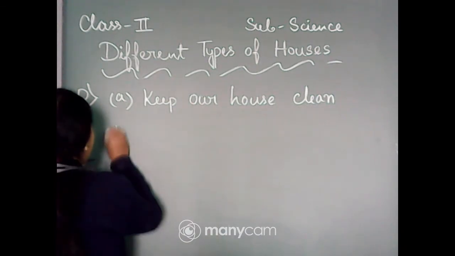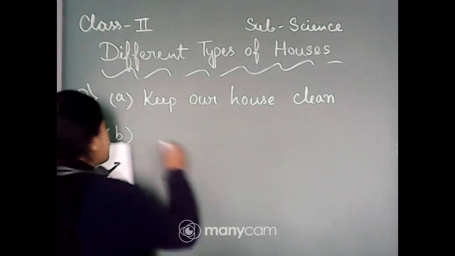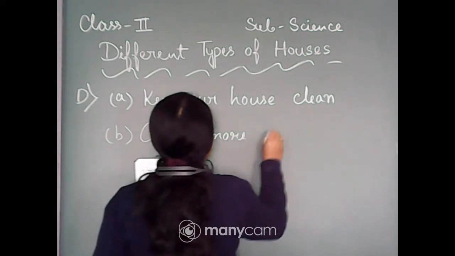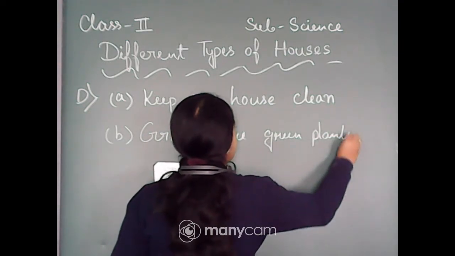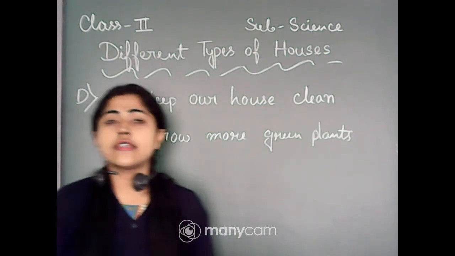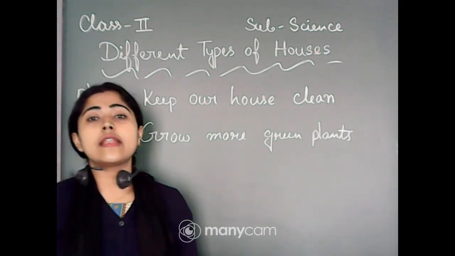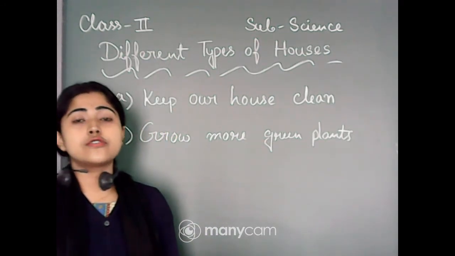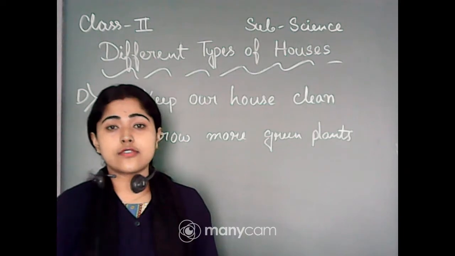And the second way, which I think, is that we have to grow more green plants. If we grow more green plants outside or inside of our house, our nature will be clean also, and we can take in fresh air, so that our house also has fresh air around it.